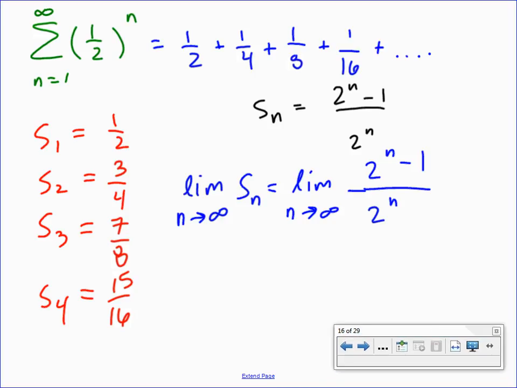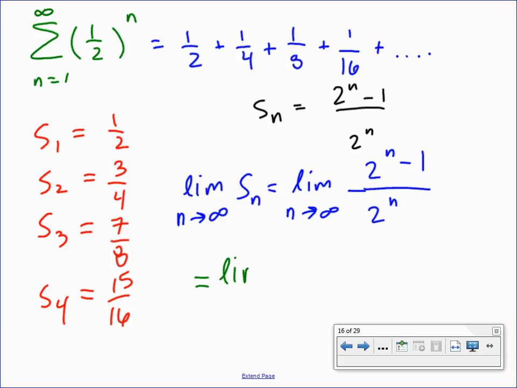How can I evaluate this? Well, as n goes to infinity, the numerator goes to infinity. As n goes to infinity, the denominator goes to infinity. And so I'm having a hard time evaluating this algebraically. Unless, can we break up that fraction, that difference of terms in the numerator? It could be rewritten as a difference of individual fractions each with the same denominator.